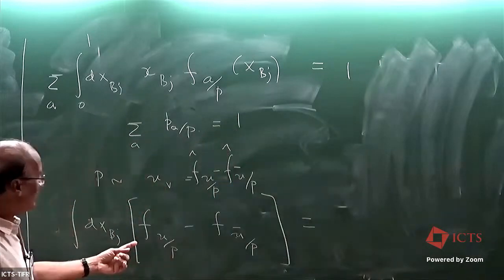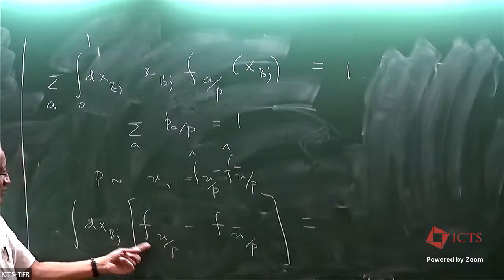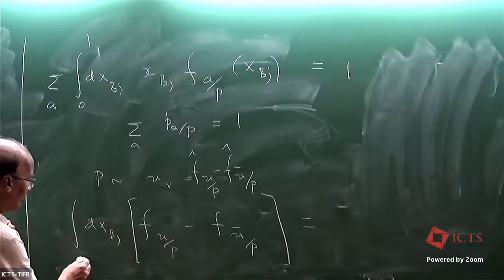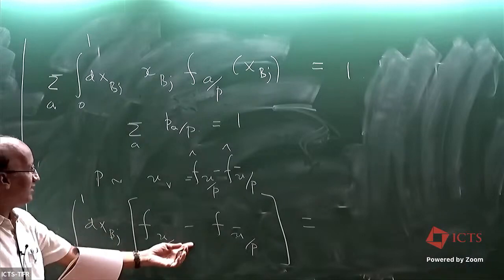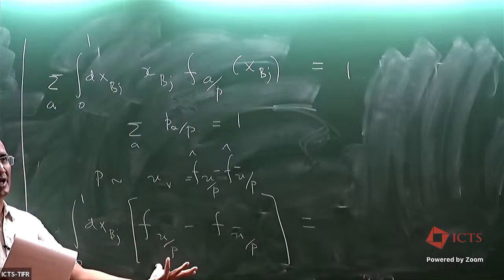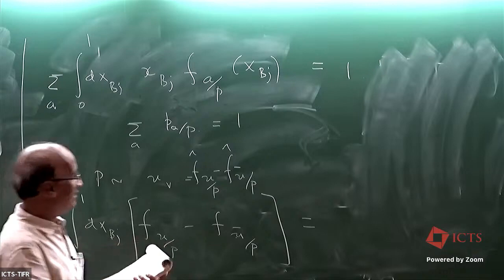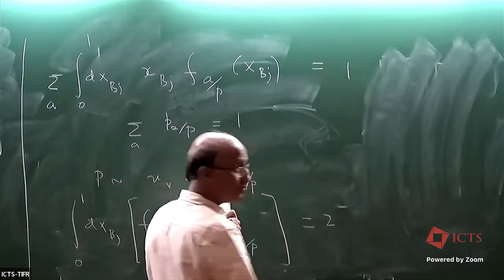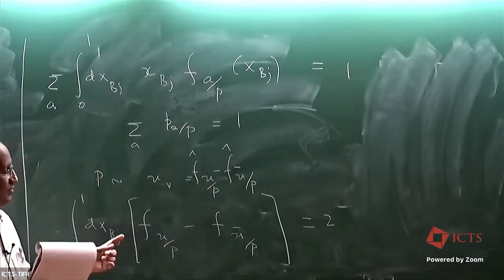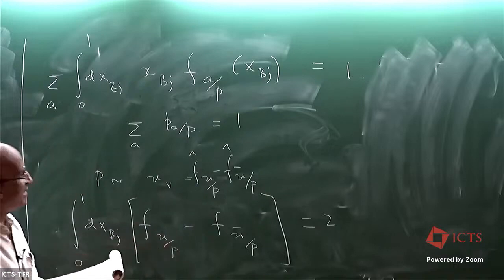So what will this number tell you? This is a number, because if I integrate this total probability, it will count the number of U-type valence quarks. So this number has to be equal to 2 because the proton has 2 U quarks. So this is the relation that you get.